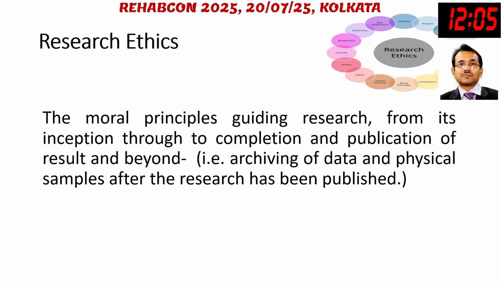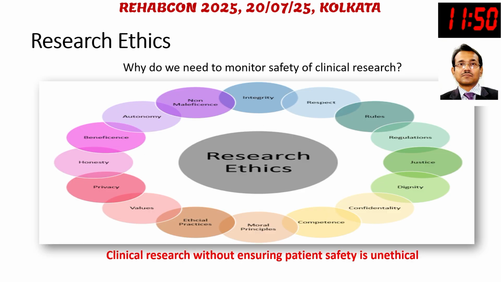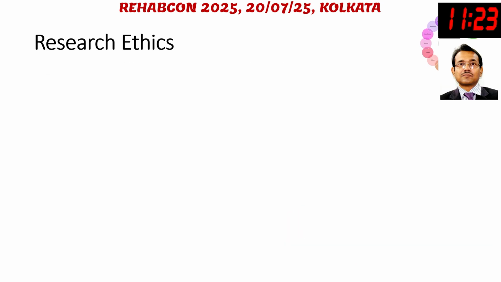The moral principle guiding research from its inception through to completion and publication of results and beyond. Beyond means archiving the data and the physical samples after the research has been published. So, research ethics is a multivariate area where there is non-maleficence, integrity, respect to the patient, to moral principles, competence, confidentiality, dignity, justice, regulations, rules, honesty, privacy, values, and lots of things which are integrated in the research ethics.